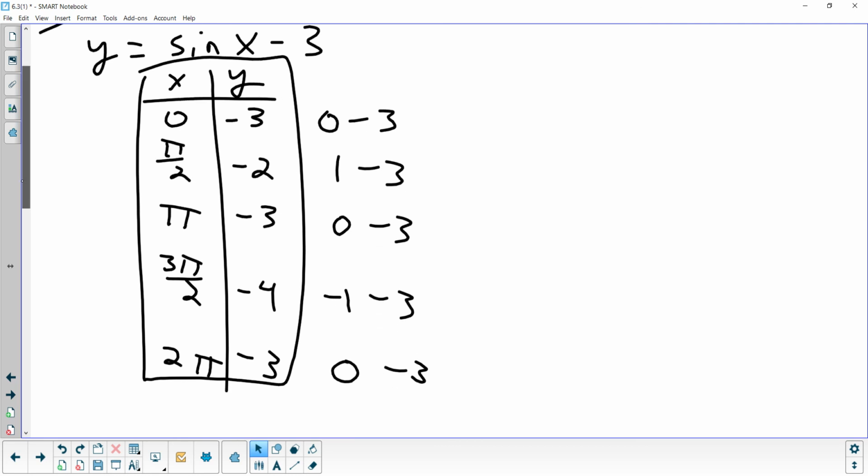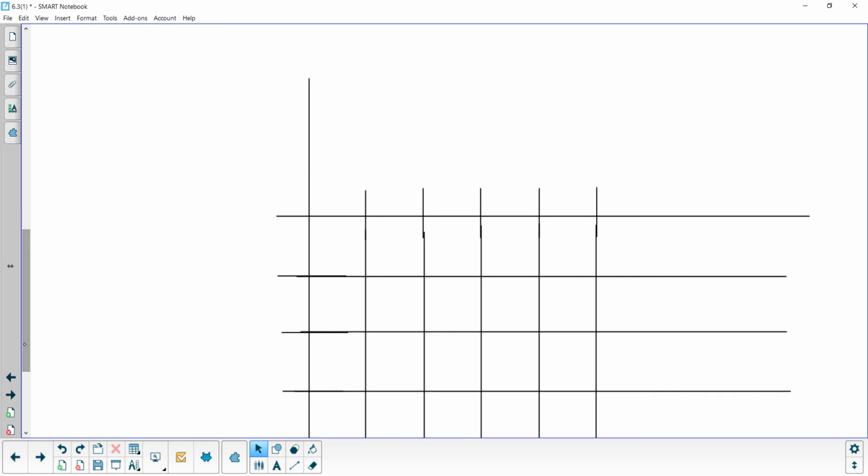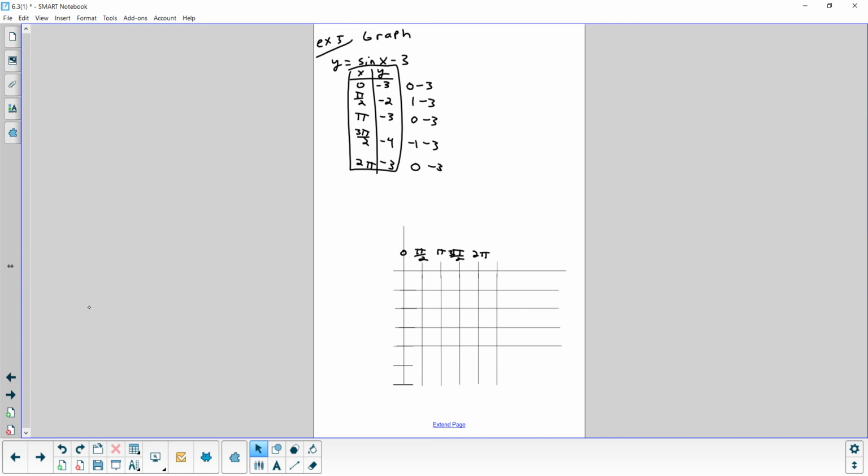All right, let's make our sketch and we're done. This time, I'm going to put my labels up here. Zero, pi over 2, pi, 3 pi over 2, 2 pi. It's going to make it so I can see it all at once. That's easier. Then I'll make it bigger so you can see it.